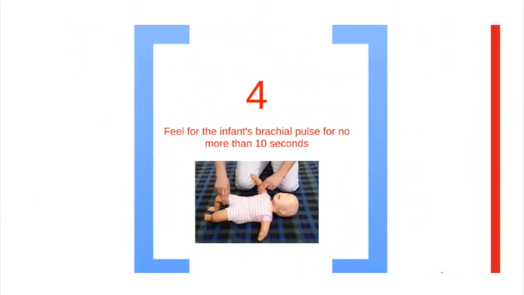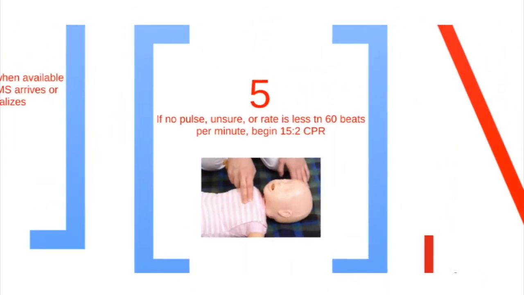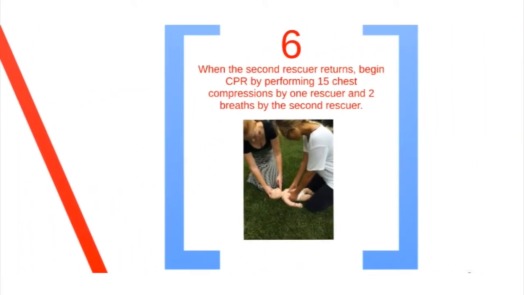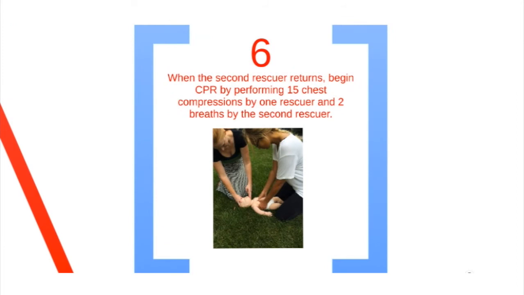Feel for the infant's brachial pulse for no more than 10 seconds. Begin CPR by doing 30 compressions and 2 breaths until the second rescuer returns. Once the second rescuer returns, you'll switch from 30:2 to 15:2, with one rescuer doing the compressions and the other doing the breaths.